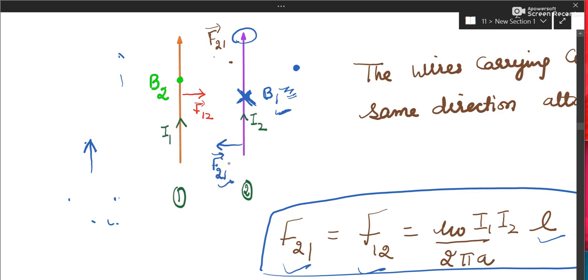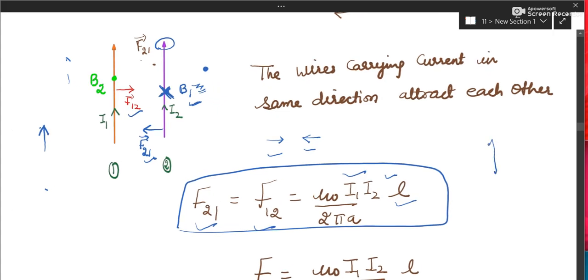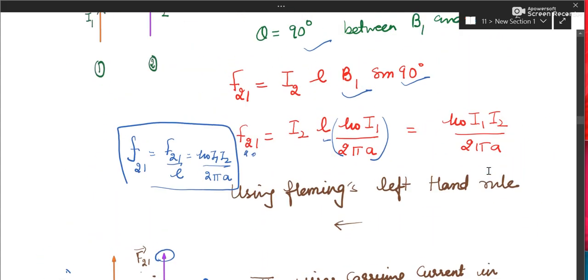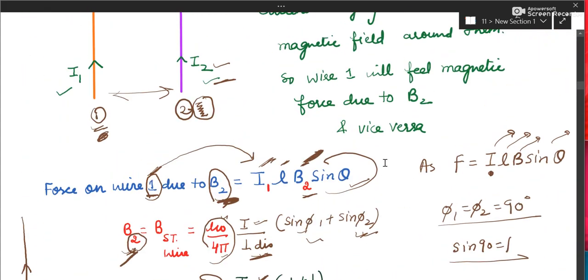So both the forces are towards each other. They are equal in magnitude and are towards each other. So both the wires are attracting each other. This is the result. When two wires are carrying current in the same direction and are held parallel to each other, they attract with this force. Attraction we have proved using direction. Okay? So when they carry current in the same direction, they attract.